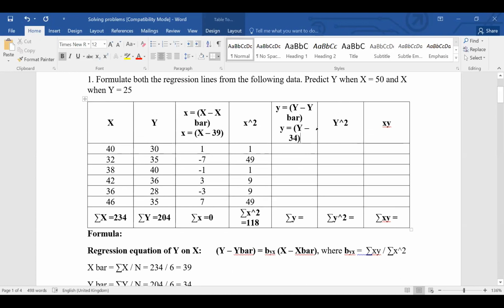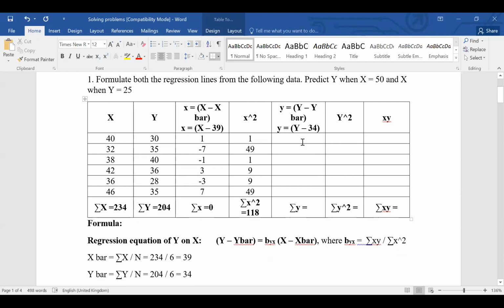Okay. Now, see guys, if you have any doubts, please stop me and ask the doubt. Okay, now y minus y bar, 30 minus 34, minus 4. And 1. 40 minus 34, 6. 36 minus 34, 2. 28 minus 34, minus 6. Yeah. 35 minus 34, 1.